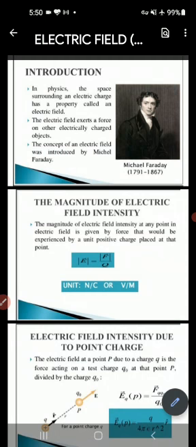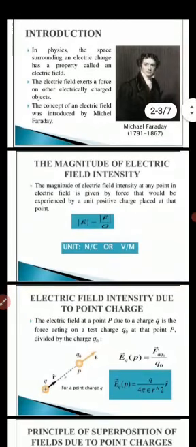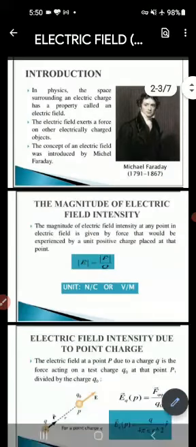Electric field is a space around an electric charge through which the charge can exert an electrostatic force on another charged particle. The concept of electric field was given by Michael Faraday.